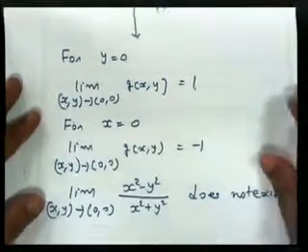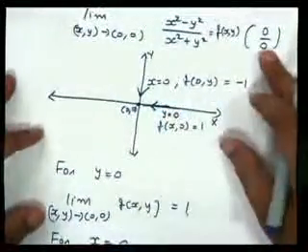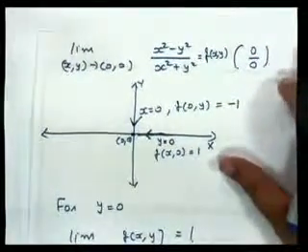Whenever you approach a point by different paths and get different limits, the limit of that function does not exist. Let us see one more example.